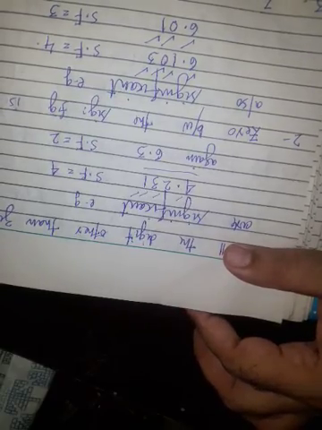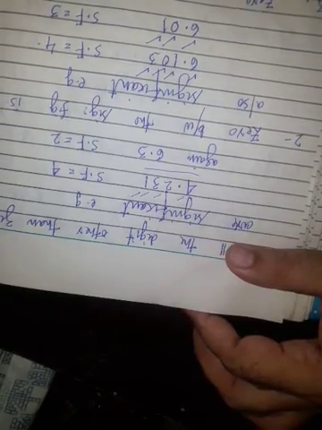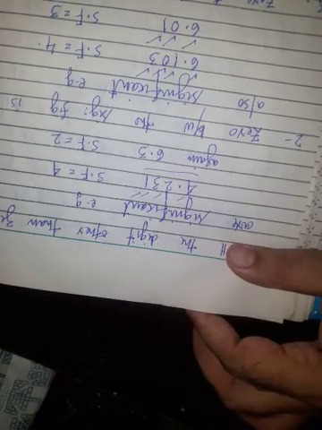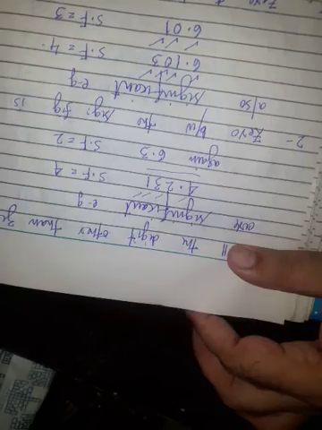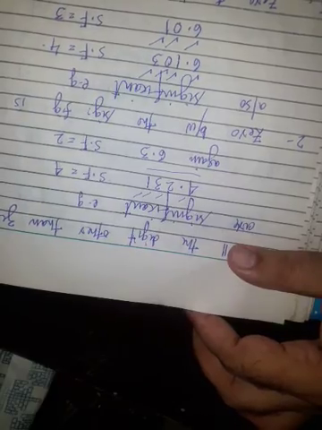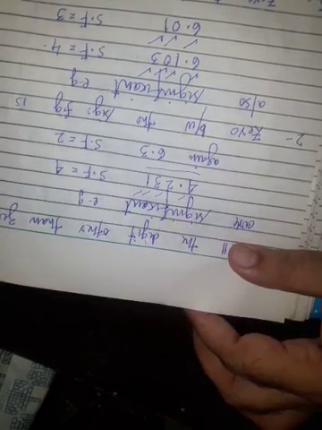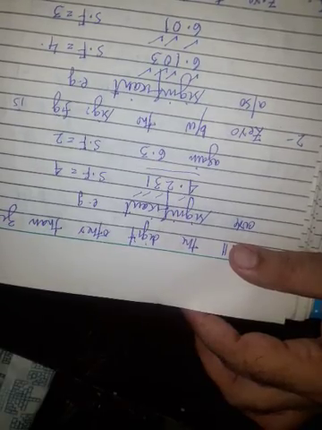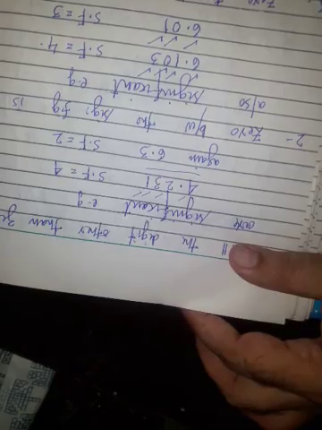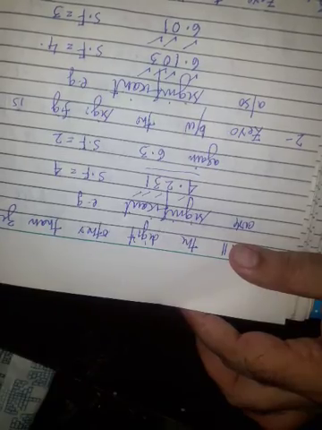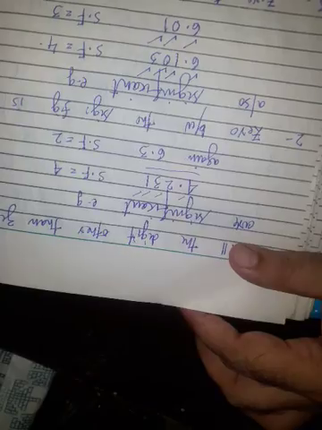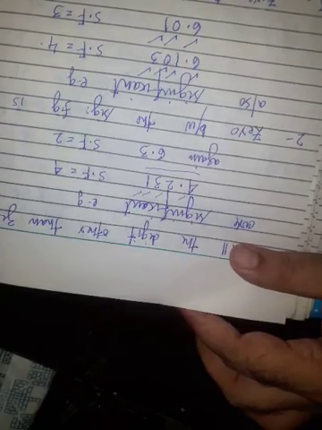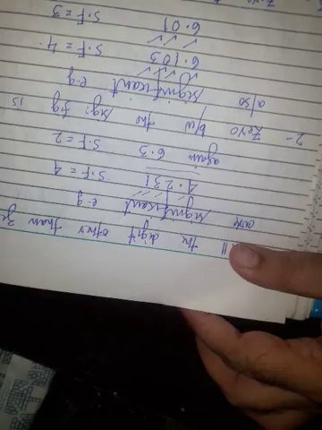Zero to the right of significant digits, or zero to the right of the decimal, or zero to the left of significant figures is non-significant.